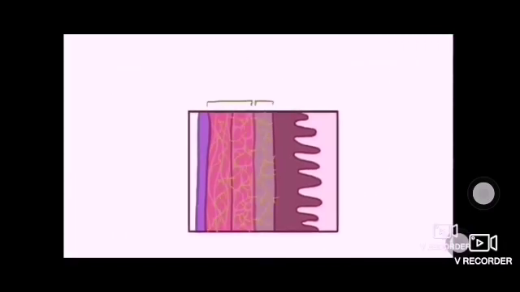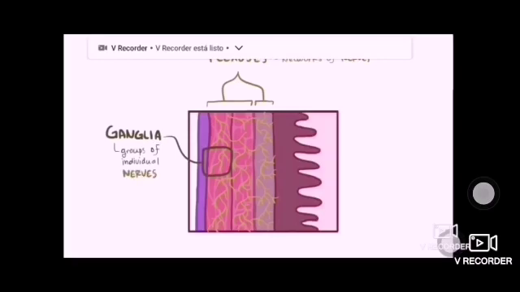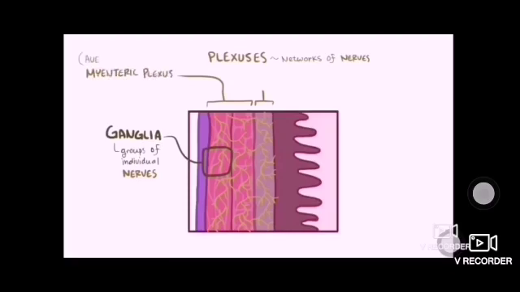Also, though, within these layers are two plexuses, or networks of nerves, which are made up of ganglia, of individual nerves, that help coordinate muscle contraction and relaxation. So first there's the myenteric plexus, also known as Auerbach's plexus, which when activated primarily causes smooth muscle relaxation.